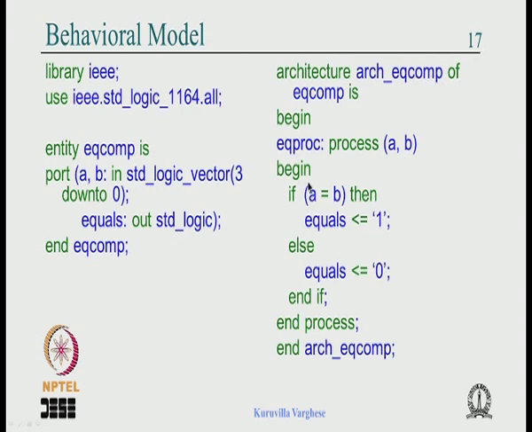That means this particular body of the process is sensitive to changes or events on these signals. Normally these are input signals. Suppose you have a block with inputs A and B, the input signals are written in the sensitivity list. A little more detail is required, but we will see that later.